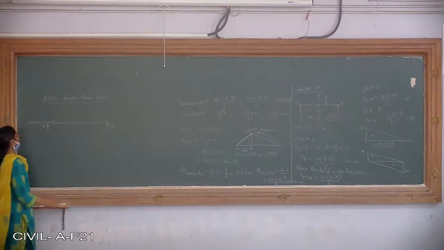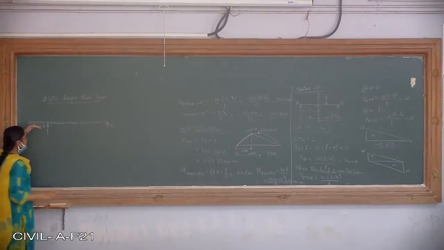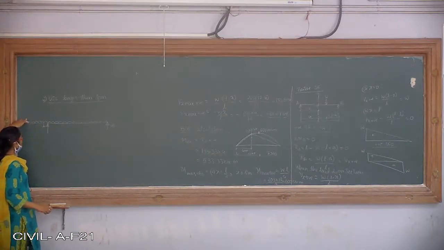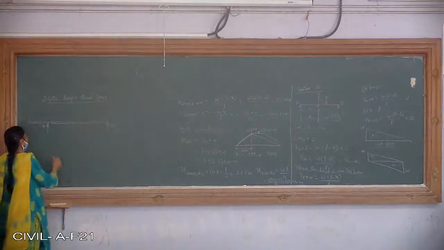Now that doesn't mean that the load will be falling. There will be some other rest here. The bridge will be connected to the roads. So some part of the load remains on the road and some part moves over the bridge. That is what it means.